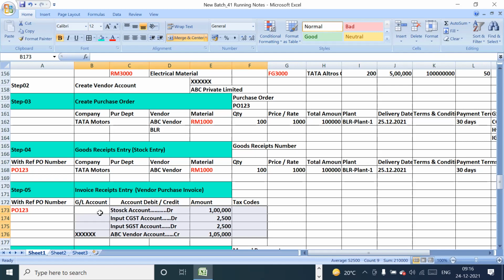Okay. How system is going to pick the stock GL, we'll see. How system is going to pick the vendor. Vendor anyway, you can understand it is picking from here. Okay, we'll see how system will pick our stock GL account. Okay, if I purchase different materials, also we'll see how system will pick the different stock GL account. Okay, I will run end-to-end cycle.